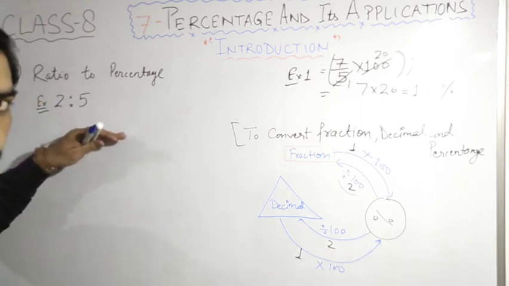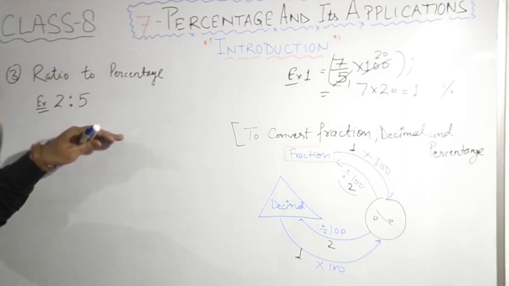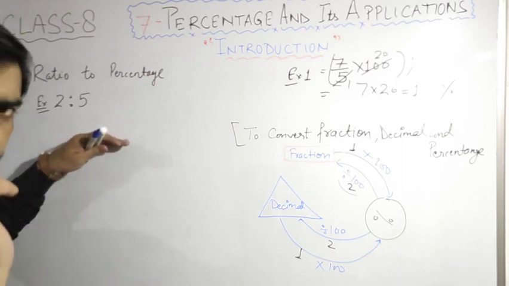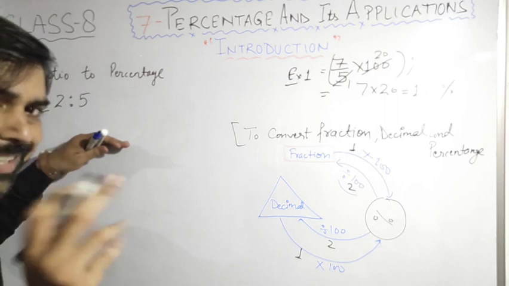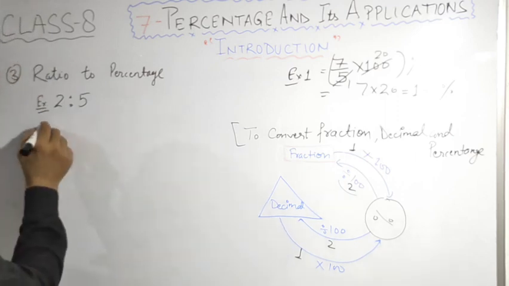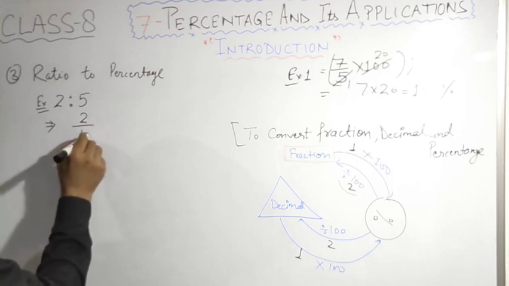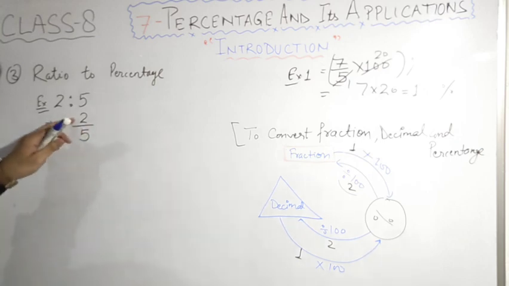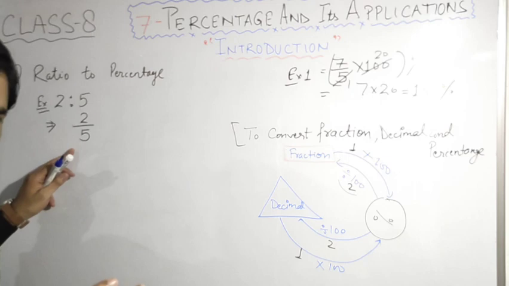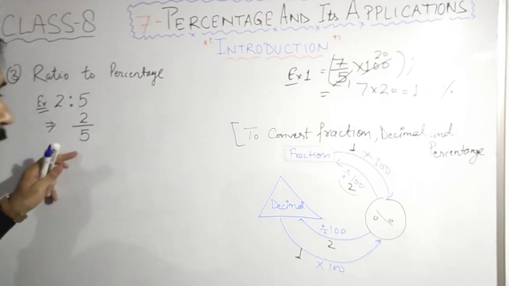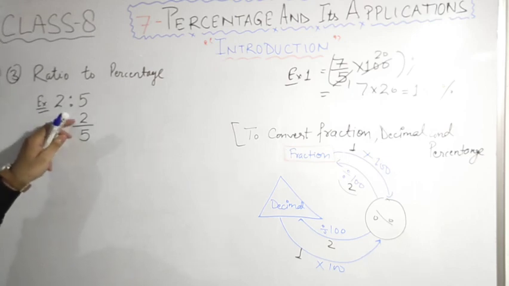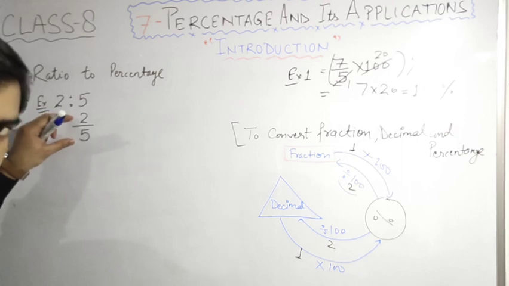We know that ratio means fraction, so if you remember the ratio chapter, you can easily convert. Firstly we write the ratio in fraction form, 2/5. Yes or no? Yes, 2/5.